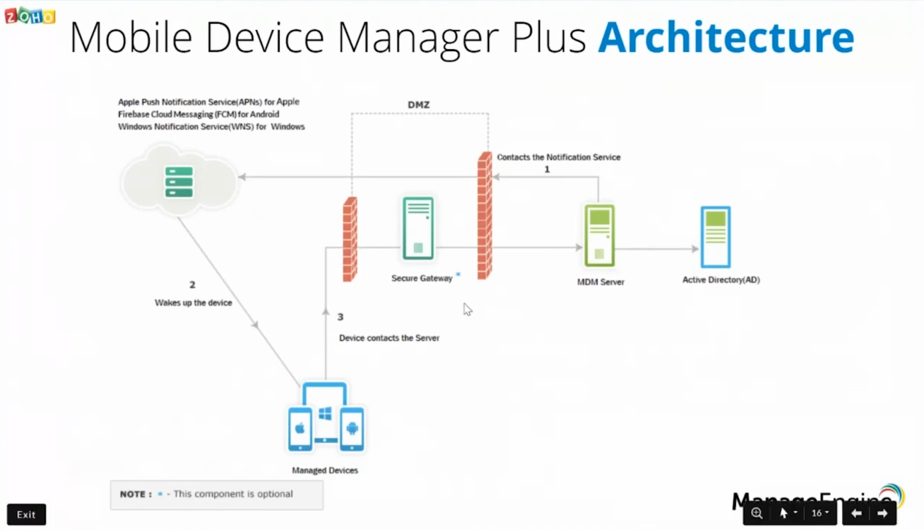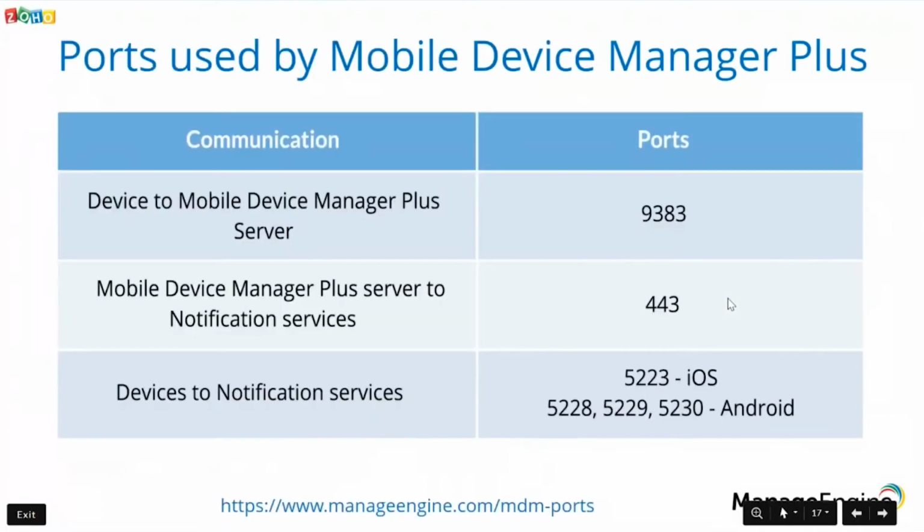So we allow you to configure a secure gateway component, which is optional, so that all of the communication that takes place between your managed devices and your MDM server will be routed through this secure gateway component. In case you are using the cloud version of our product, you do not need to configure any of these settings.